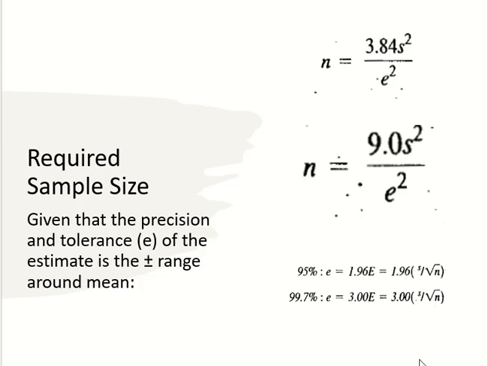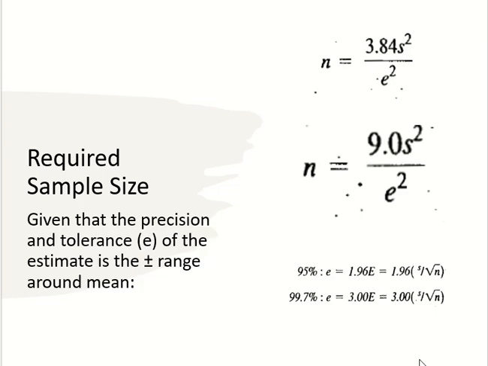So I have this equation: small e equals 1.96 capital E, where capital E is S upon root of n. If I want to calculate n, I'll fix e and take n on one side, e on the other side. So what will I get?